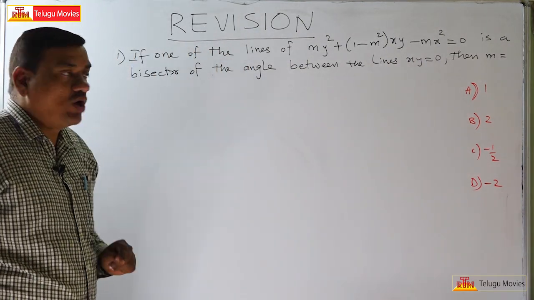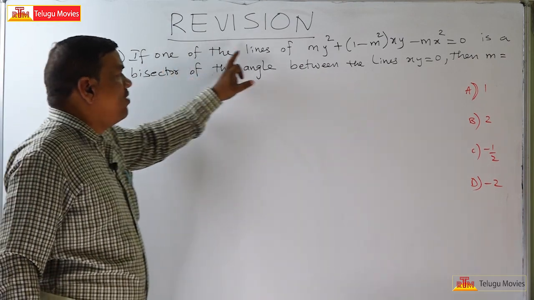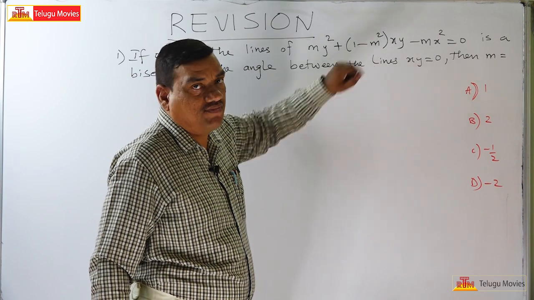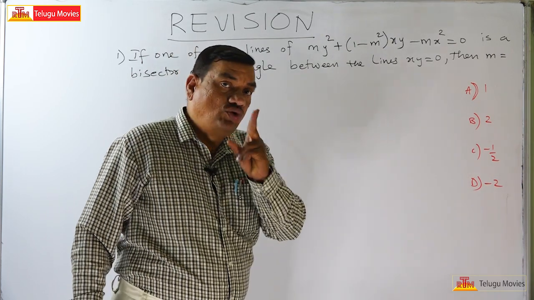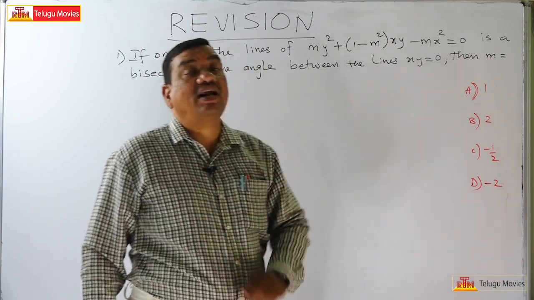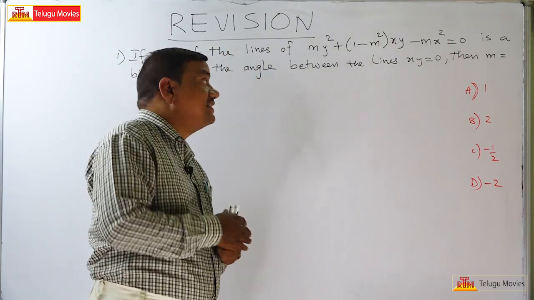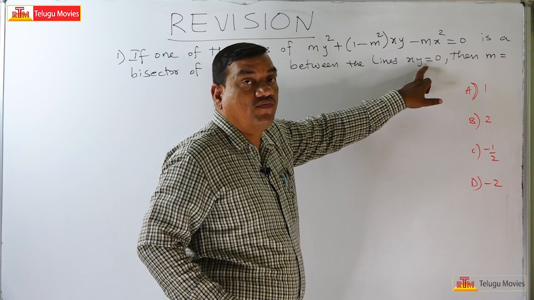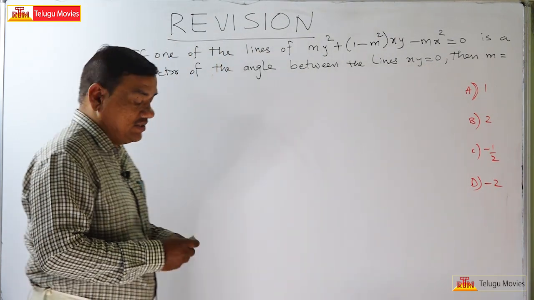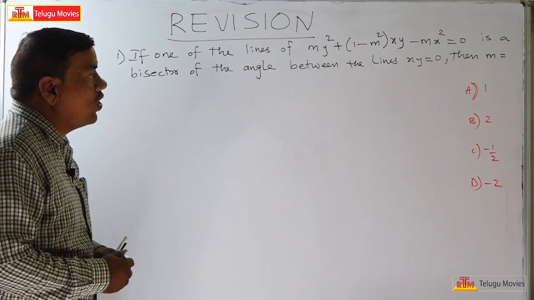Try to read the problem carefully. This is the equation of a pair of lines, so it will have two lines. One of the lines is the angle bisector of the pair of lines xy is equal to 0, which is also a pair of lines. Let us see what the value of m is.